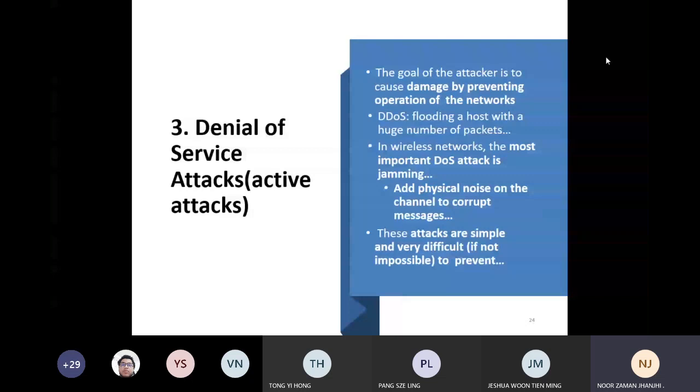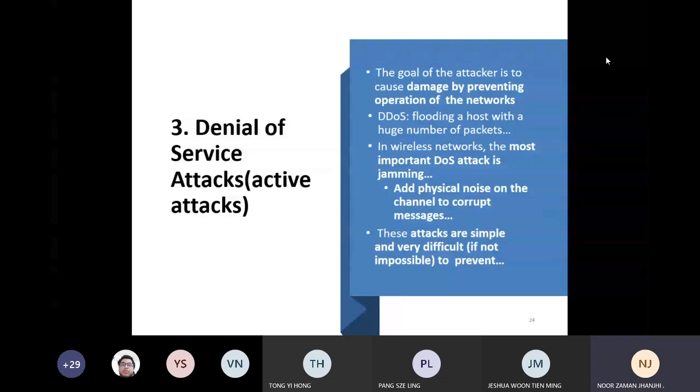Now, another type of attack under the active attacks is denial of service. I hope that all of you know about this. In this, the goal of the attacker is not to damage your machine completely, but to damage your network traffic and your operations. They do this by flooding your network.